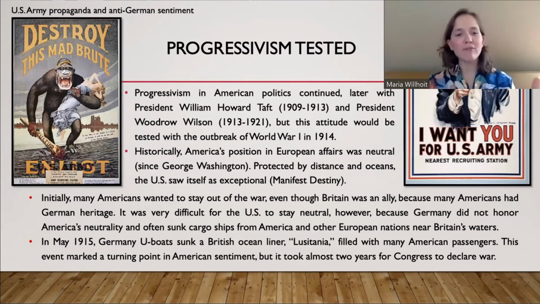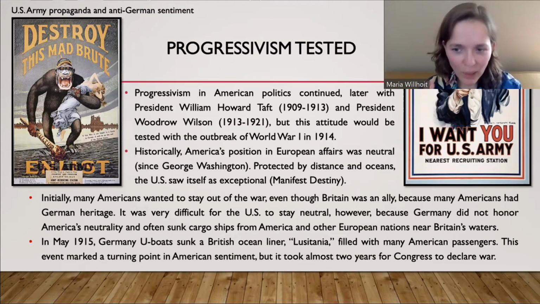The president after him, William Howard Taft, also is progressive. And the president after him is also progressive, Woodrow Wilson. All three of these men were progressive. They believe that America should be a little bit more intervening in world politics, and they also believe that the government should step in to protect average Americans.